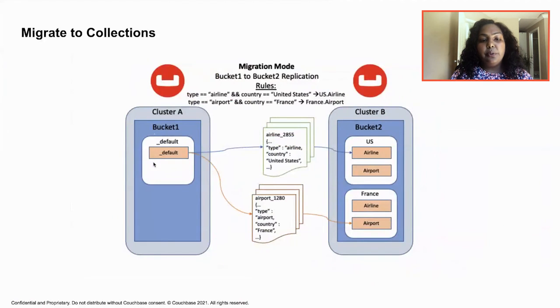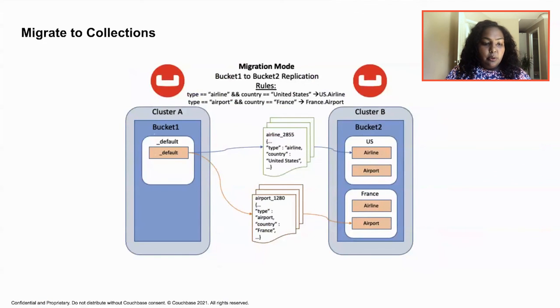And so now you can specify rules to say how that data needs to be populated into a 7.0 cluster where you've already pre-created the buckets with the scopes and collections. So this is a great way to migrate from a pre 7.0 to a 7.0 version of Couchbase.